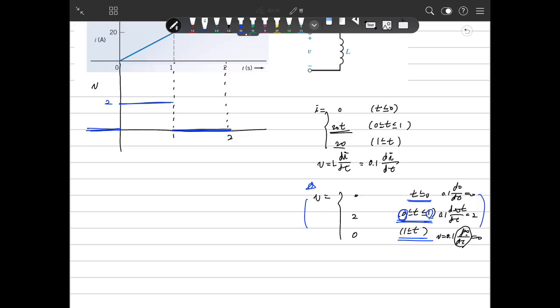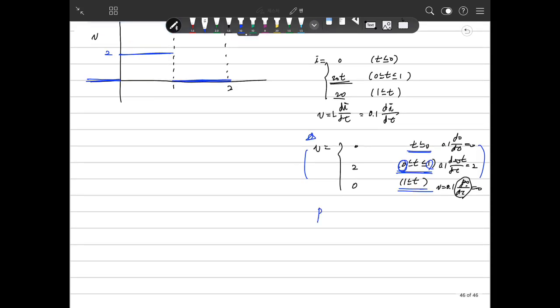Then we need to calculate the power. So what should we do? Power is vi. Then we need to calculate here. For t smaller than 0, the v is 0 and the current is 0, so it will be 0.